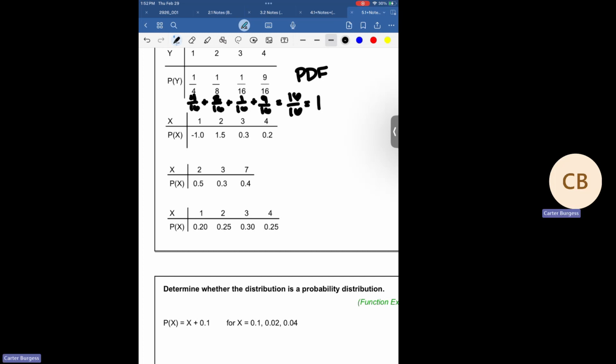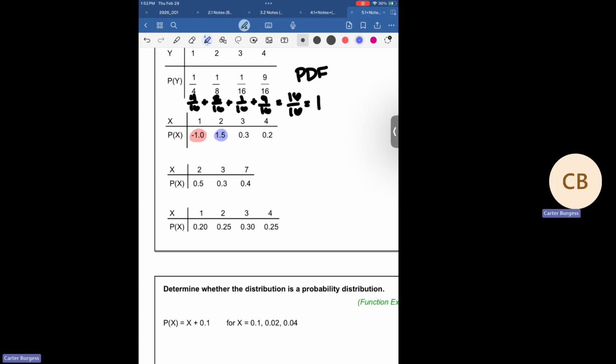Okay, for number 2, what do we notice? That's negative. So if we look at the individual probabilities, 2 of them don't work. Which 2 don't work? First one and the second one.